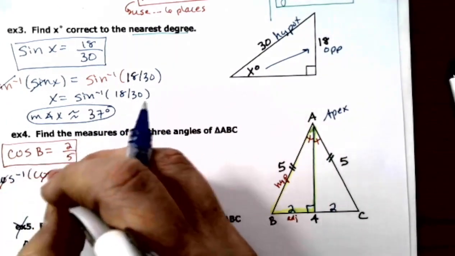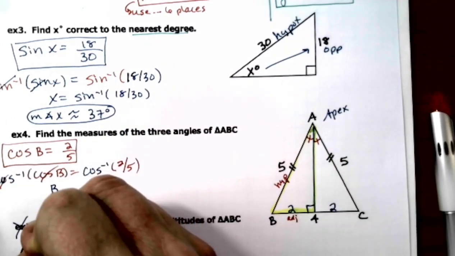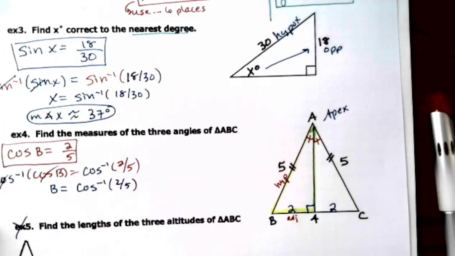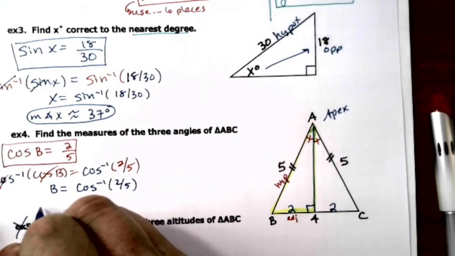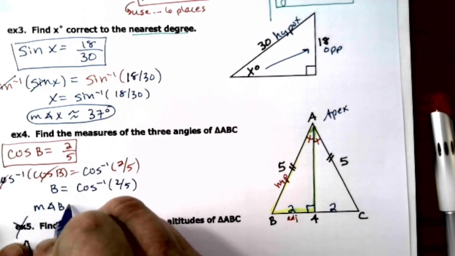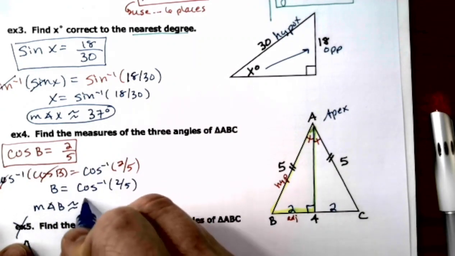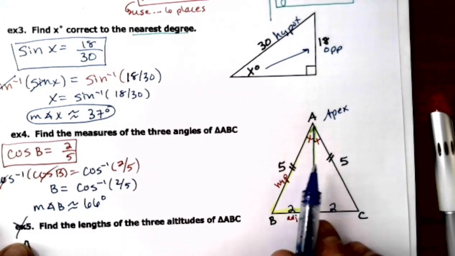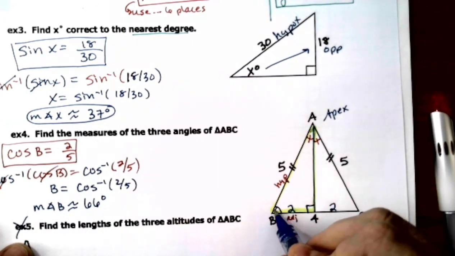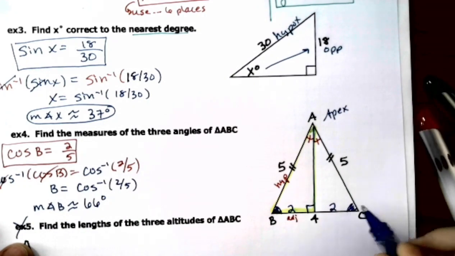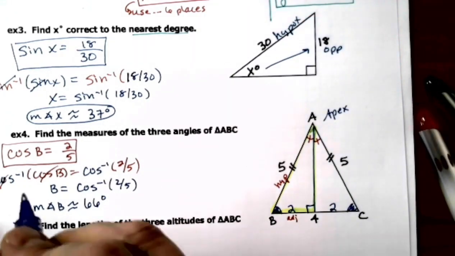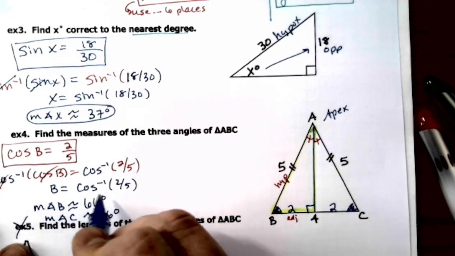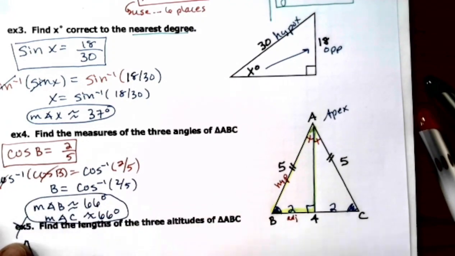The cosines cancel out, and angle B equals arc cosine of 2/5. Running that through a calculator, we get the measure of angle B to be 66 degrees. Now, since this is isosceles and the two sides are the same, B and C are also the same. Base angles are congruent, so the measure of angle C is also 66 degrees. So we got 2 for 1.